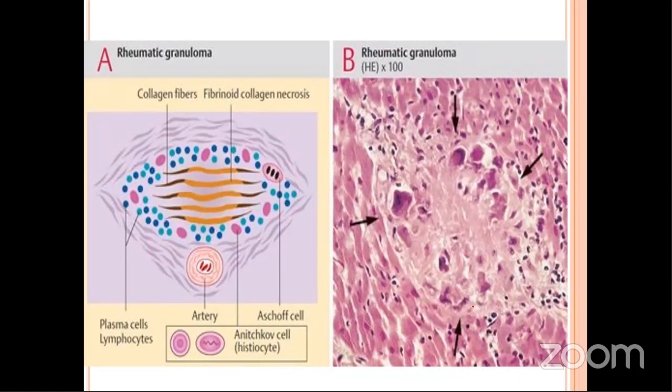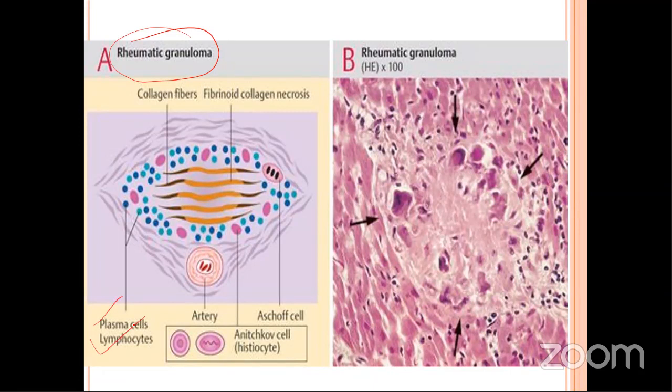Now, they are also called rheumatic granulomas. Why? Because if you remember the description of a granuloma from your inflammation chapters, in the center you have collagen with fibrinoid necrosis, surrounded by a collar of inflammatory cells. These inflammatory cells are plasma cells and lymphocytes.